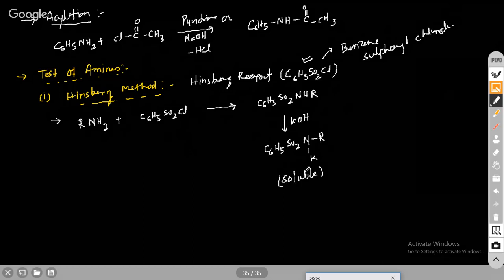You'll get a soluble salt. It confirms it is a 1 degree amine. The amine is soluble in water, this product is insoluble, and again when you react it with KOH, it becomes soluble.